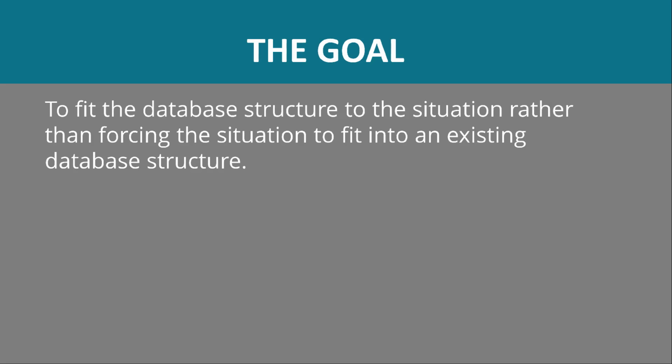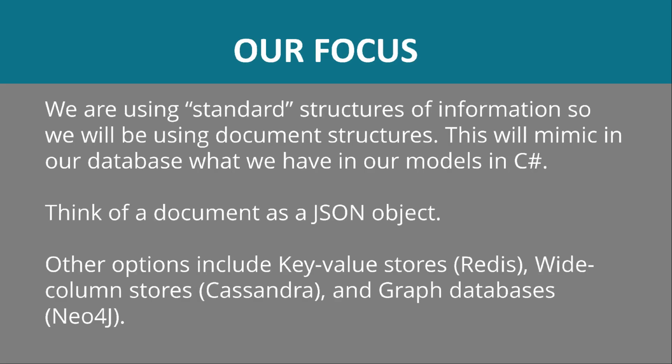Remember I said before that the database structure is going to fit the situation rather than the situation fitting the database structure? That's what these different styles of NoSQL database are all about. They're about fitting the situation. So just saying "I want a NoSQL database" is not really specific enough, because there are different styles for different situations. You have to choose a style that's going to work best for your situation.